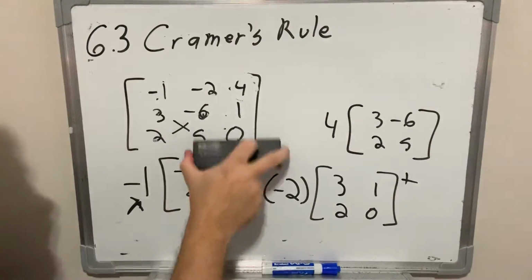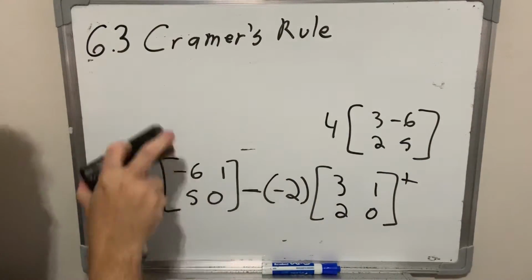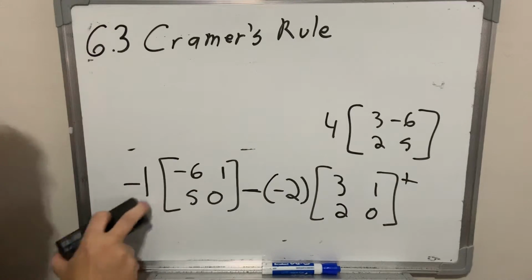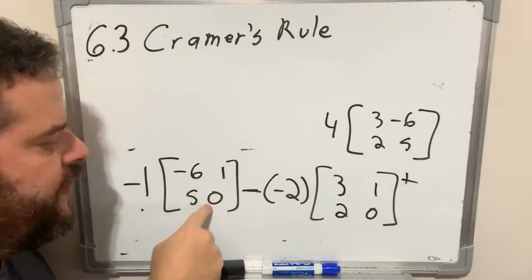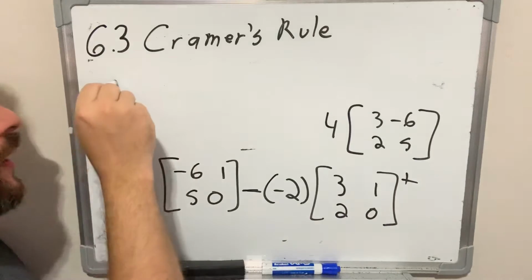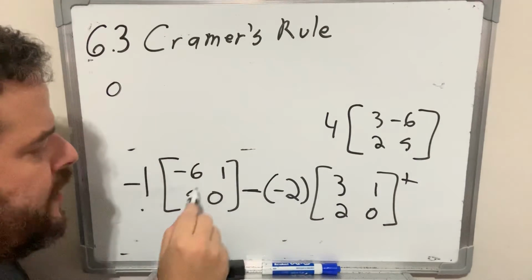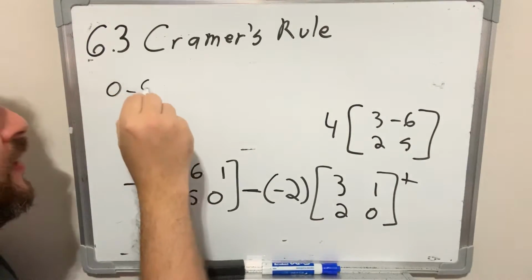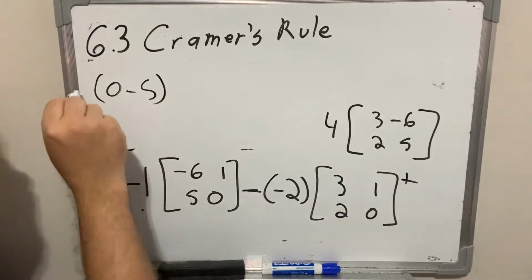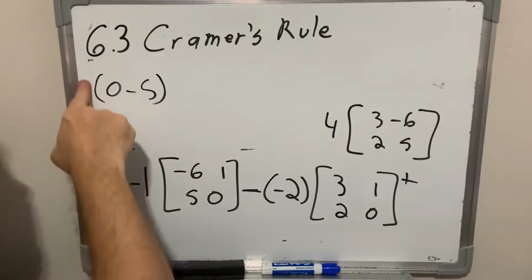Now, once I have that, all I have to do is find the determinant. -6 times 0 is 0. Minus 5 times 1 is 5. And that number gets multiplied by -1.